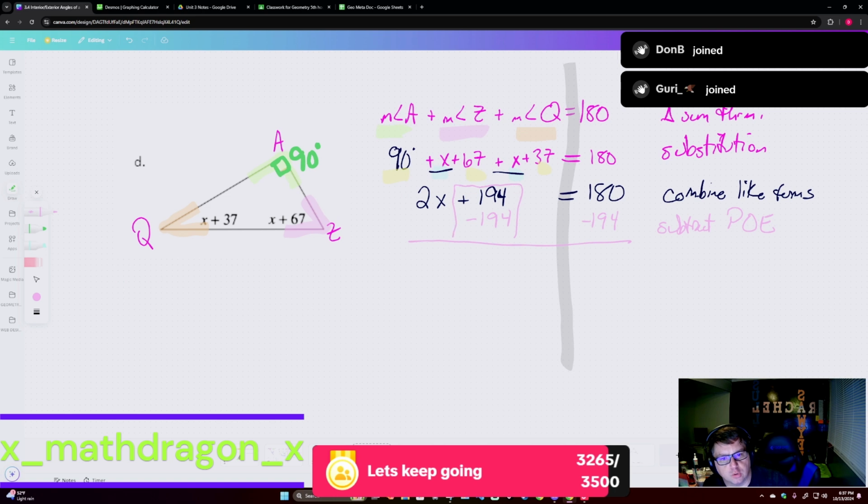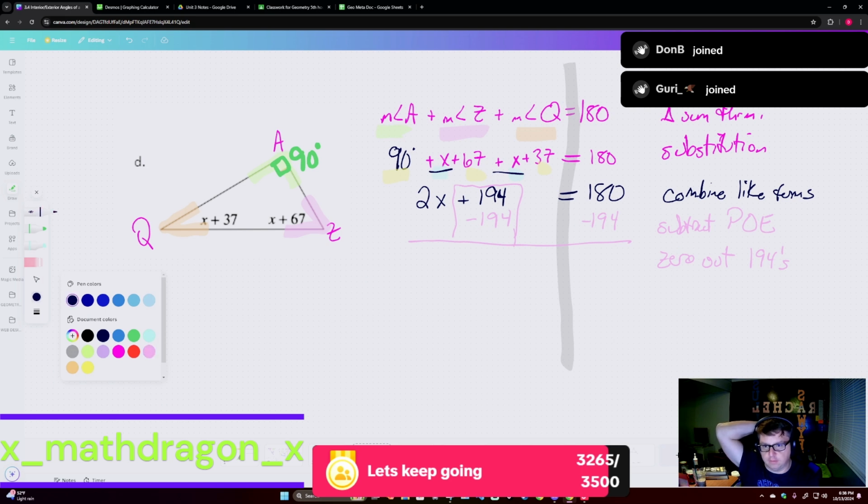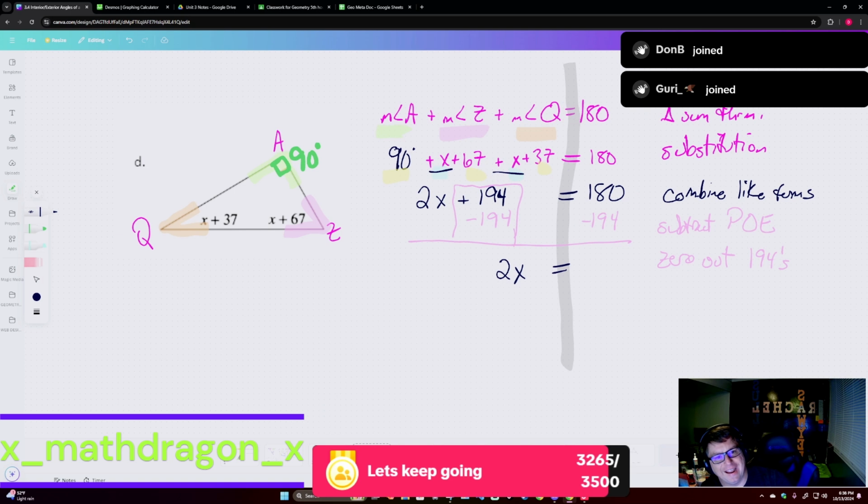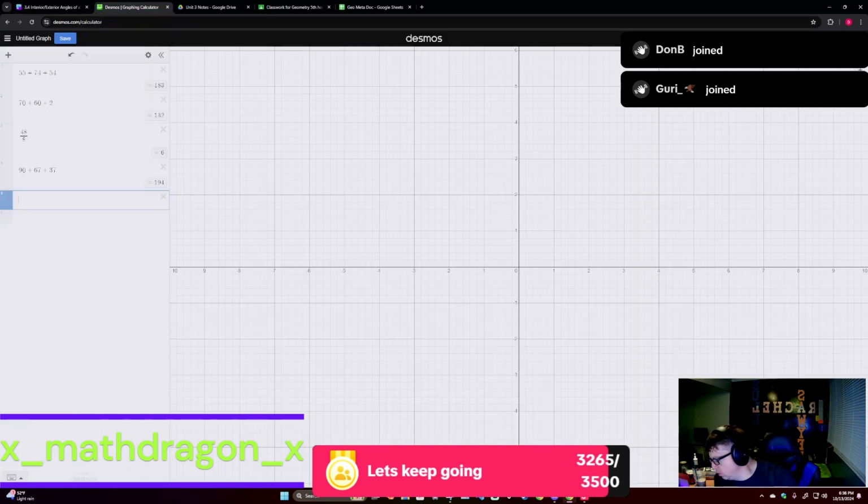We're doing that to zero out the 194s, so that we are left with 2x equals, and then that's going to be negative 14. 180 minus 194 equals negative 14.